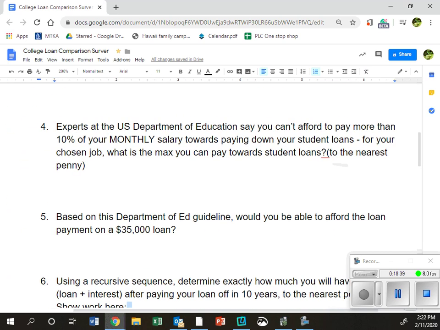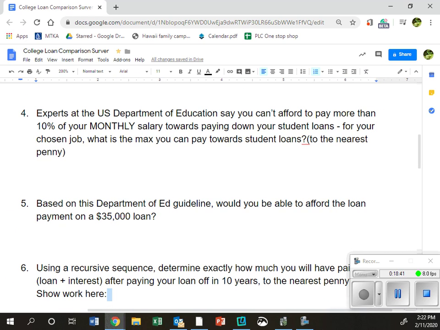The next one is, experts at the U.S. Department of Ed say you can't afford to pay more than 10% of your monthly salary towards paying down your student loans. So basically, what is this max that you can pay towards the student loans?